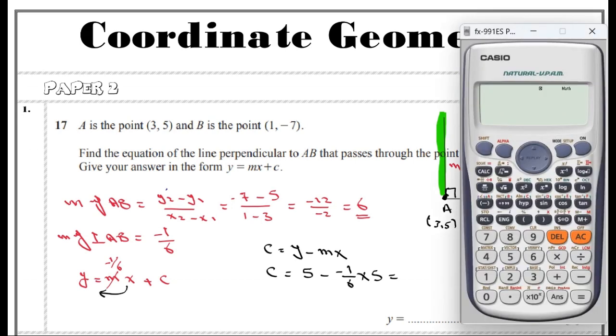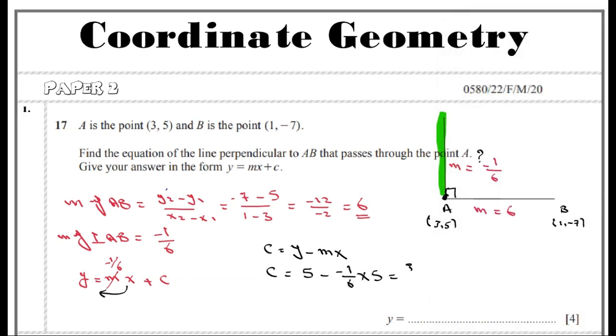As you can see now, c equals 5 minus negative 1 over 6 times 3. The value of c is 35 over 6. Then we can now write the equation: y equals negative 1 over 6 x plus 35 over 6. Thank you.